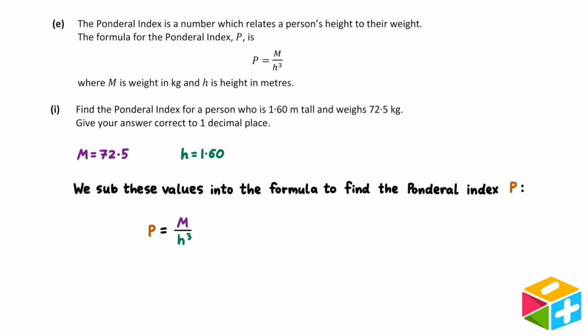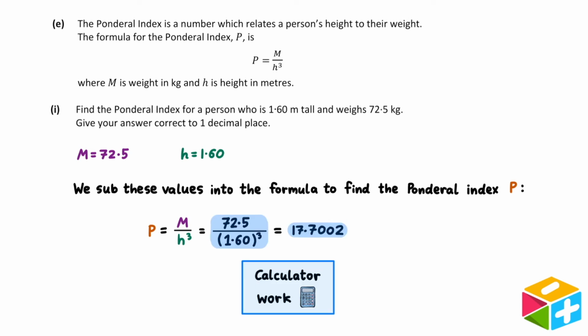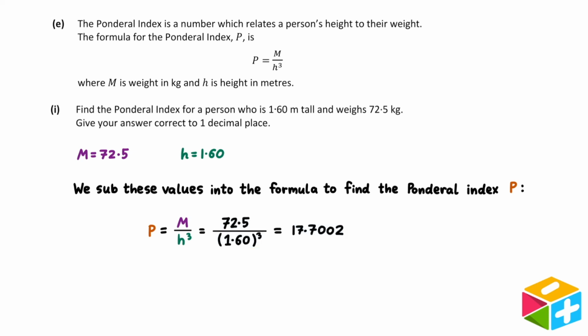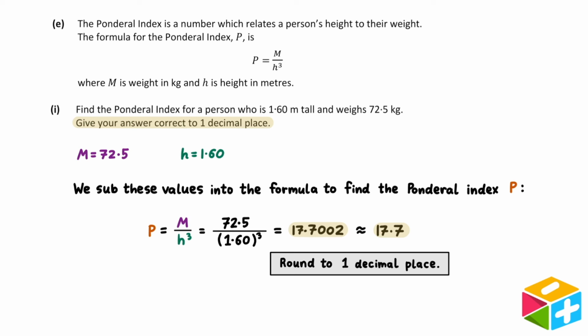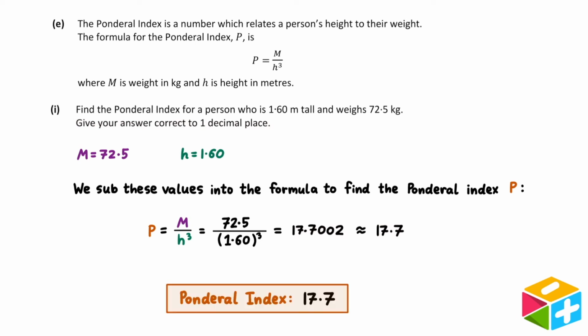To find the ponderal index p, all we have to do is sub in these values of m and h into our formula. So, rounded to one decimal place, we found that our ponderal index is 17.7.